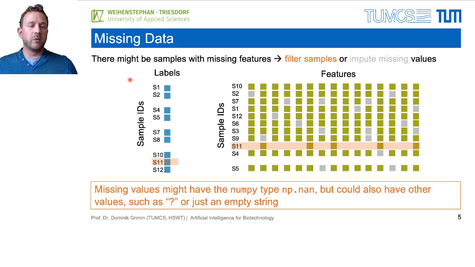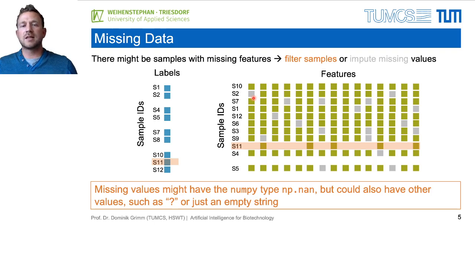Another problem in real-world datasets is that we not only have missing samples, so completely missing samples in the feature space or in the label space, but we also might miss individual features. For example, in genetics, it could be that there is no mutation, or that there was a sequencing error, and because of this we didn't measure the mutation.